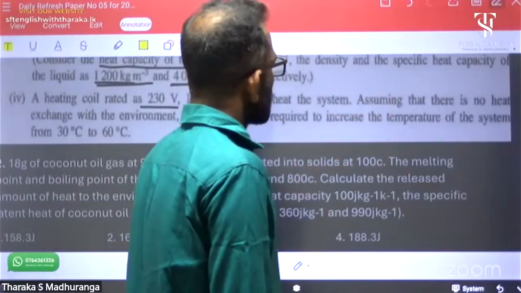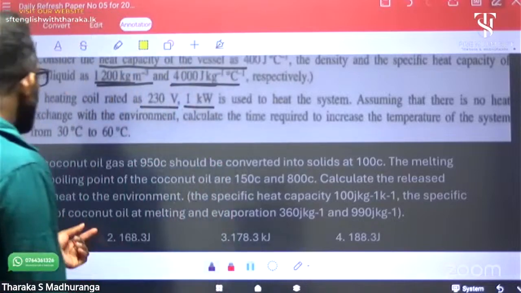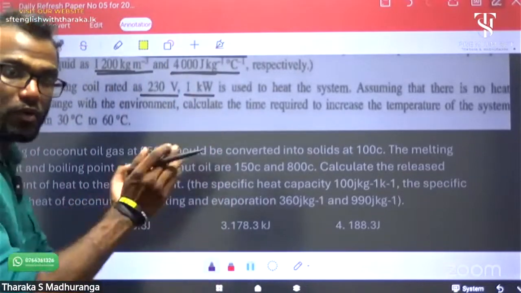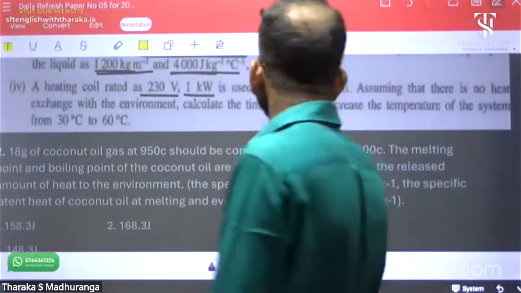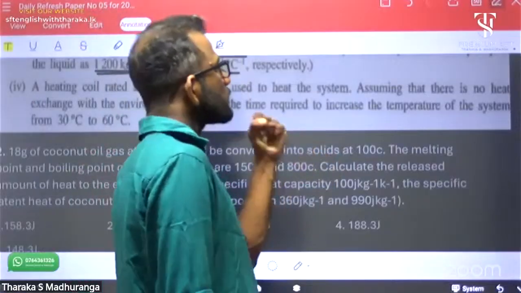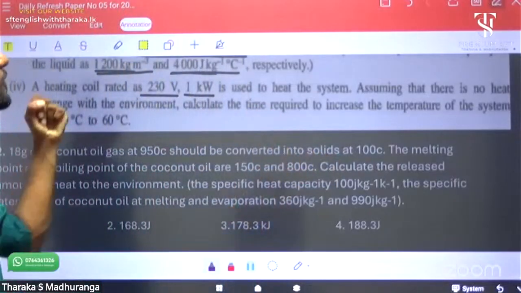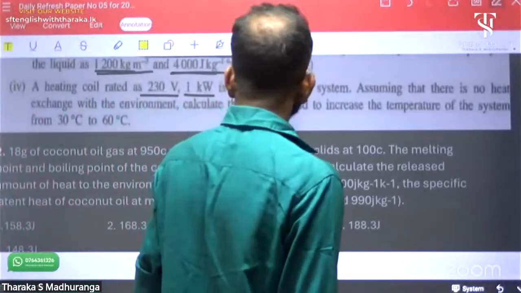Assuming no heat exchange with the environment, that means no heat lost, calculate the time required to increase the temperature of the system from 30 Celsius to 60 Celsius. Very simple.